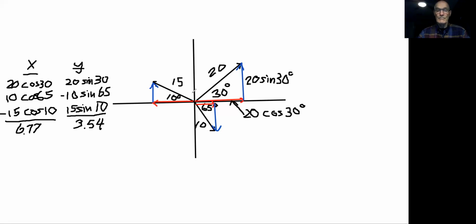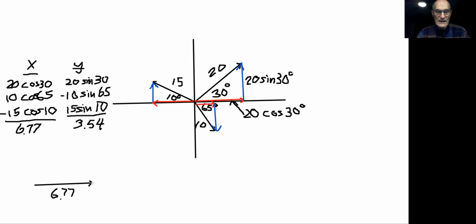I know the components of the resultant vector. If I come up here, in my x direction I'm going 6.77, and then in my y direction I am going 3.54.